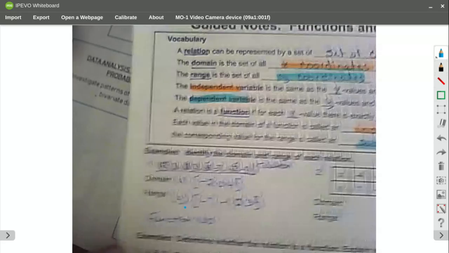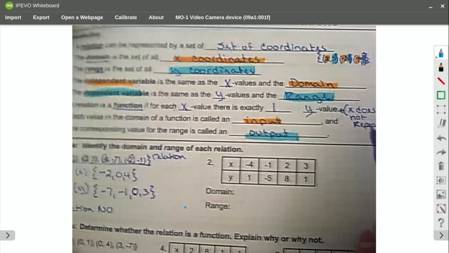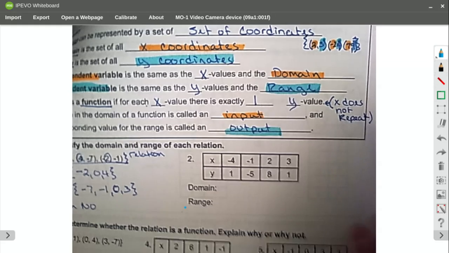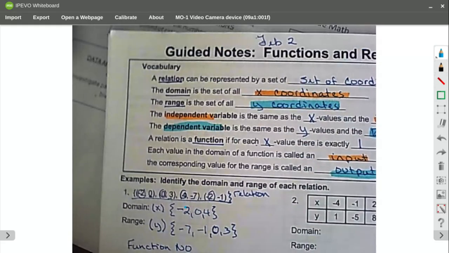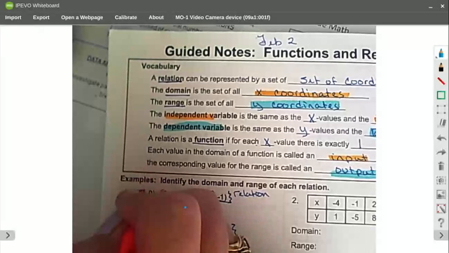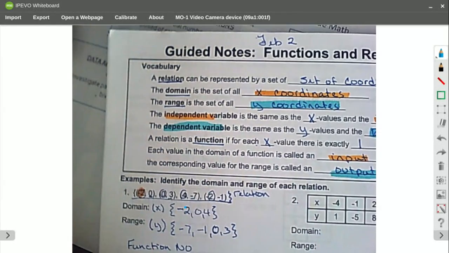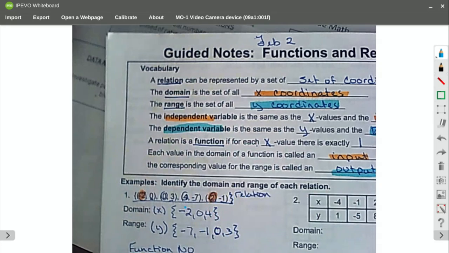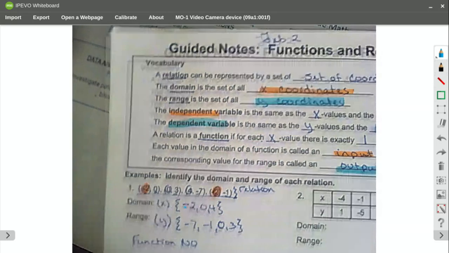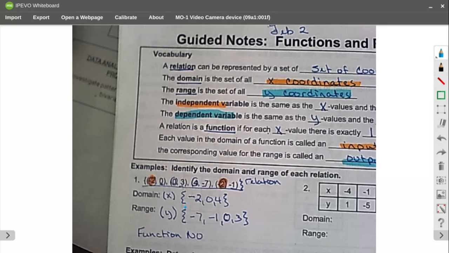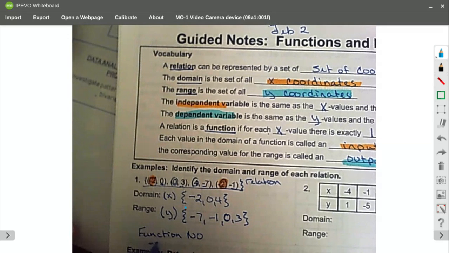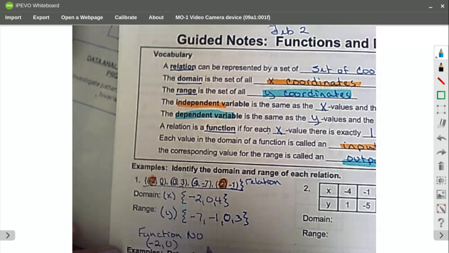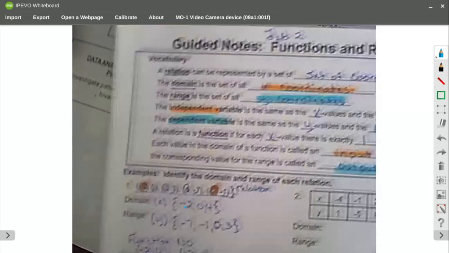Why? Because remember we said x does not repeat. Well, what happened right here? I had an x that's a -2 and another x that's a -2 here. So my x did repeat. -2 is paired up with a 0, and -2 is paired up with a -1.